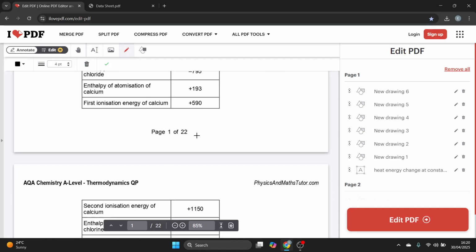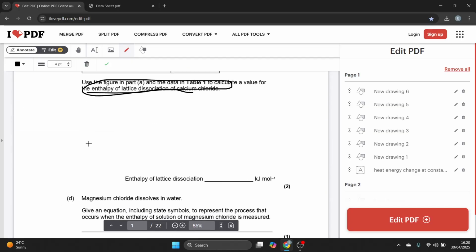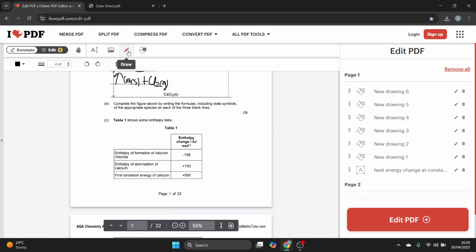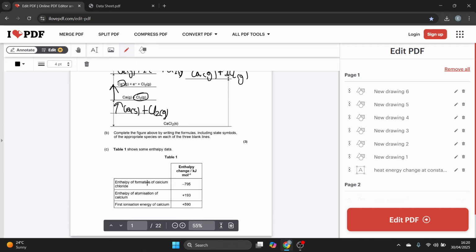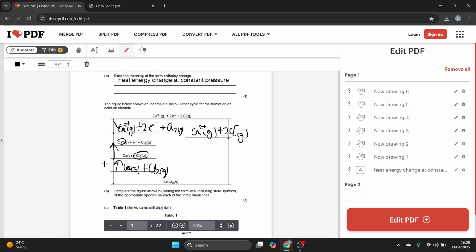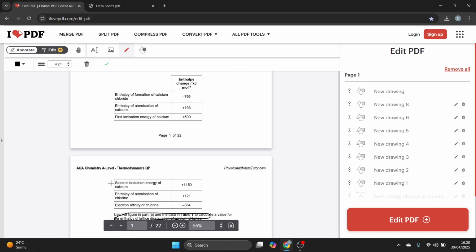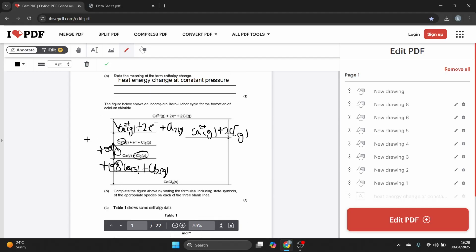So what I would do first is fill in the details given the information given. I know the enthalpy of atomization of calcium is plus 193. First ionization energy of calcium is plus 590. Second ionization energy of calcium, plus 1150.